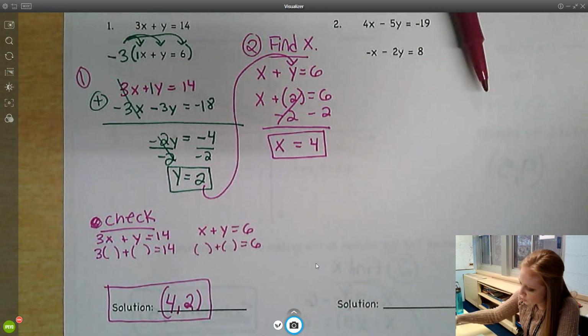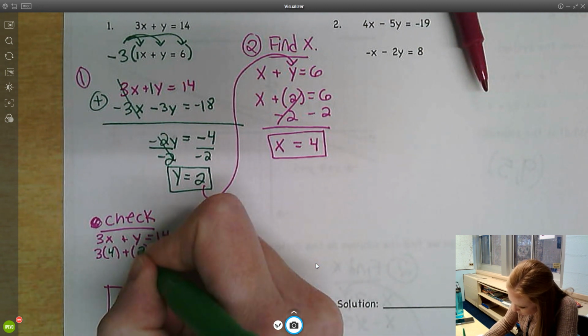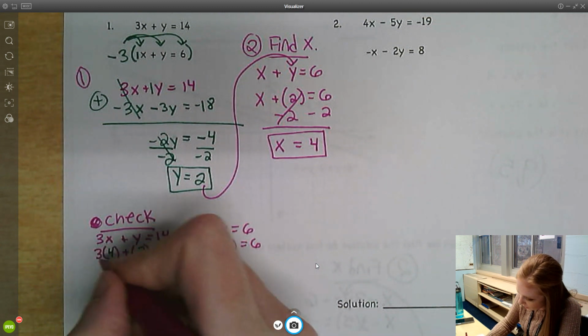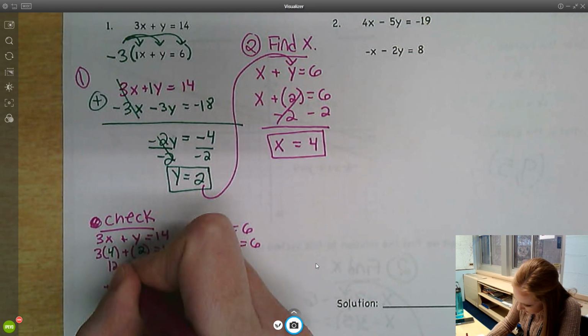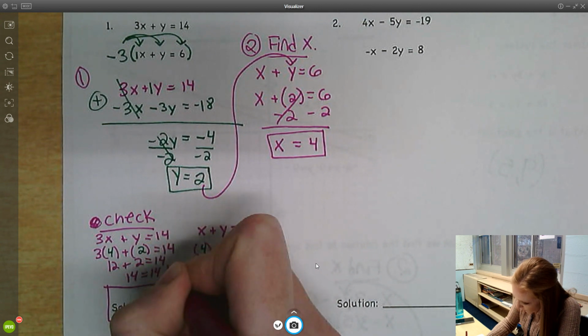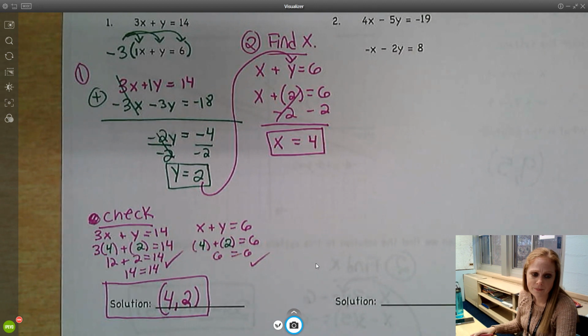Just going to write it like this so I can show you that I'm plugging in. 4 for x, 2 for y. 3 times 4 is 12. 12 plus 2 is 14. So that means that the point 4, 2 is on that line, and it's on that line as well.